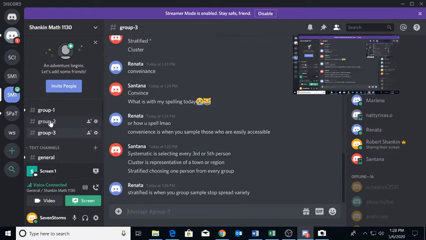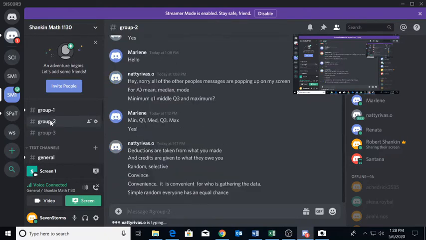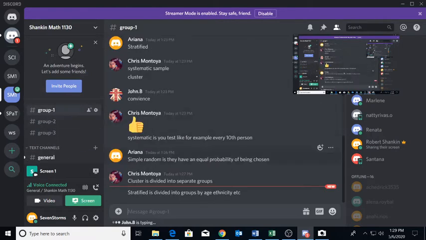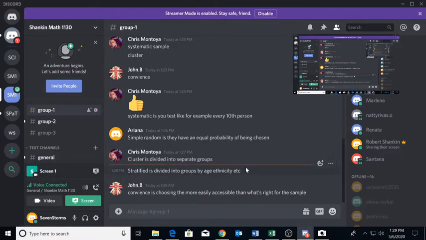I think these definitions are kind of getting at it, but we can be more clear than that. Yes, when you divide into groups, for instance, age or ethnicity, and then generally speaking, you take an equal number, or at least a prescribed number from each group. Or a number that's proportional to the size of that group.